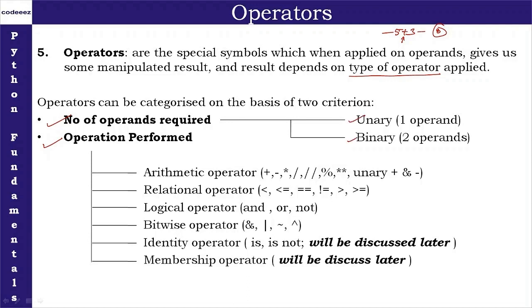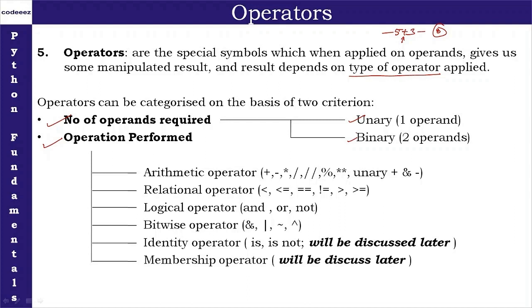Unary operators are those which are applied on only one operand. They have a requirement of only one operand to work on. And binary operators are those which have a requirement of two operands to work on.